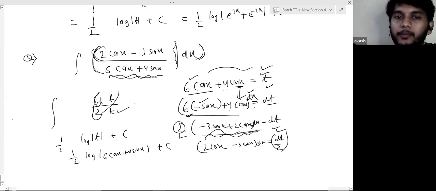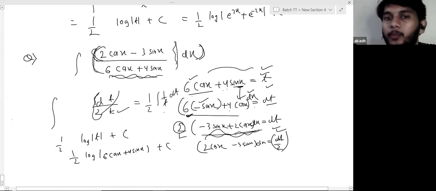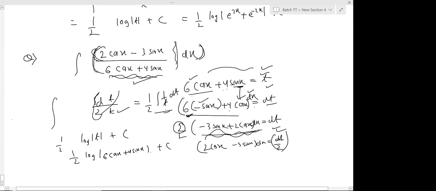So integration of 1 upon t dt. This is a basic formula, right? This is a very complicated function, but this is a very simple formula, which is log of mod t. So we got the answer. All right. I hope this is clear to you.